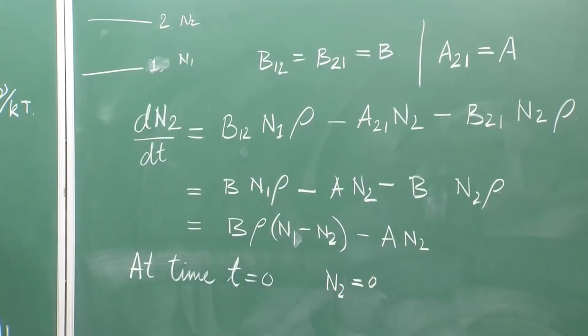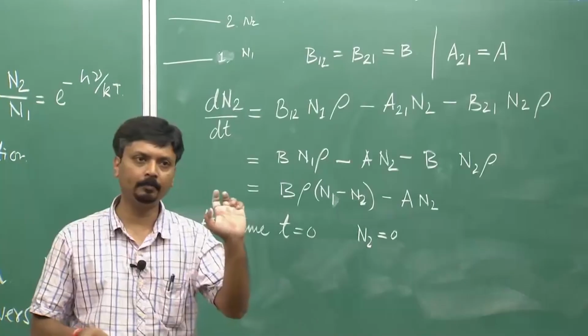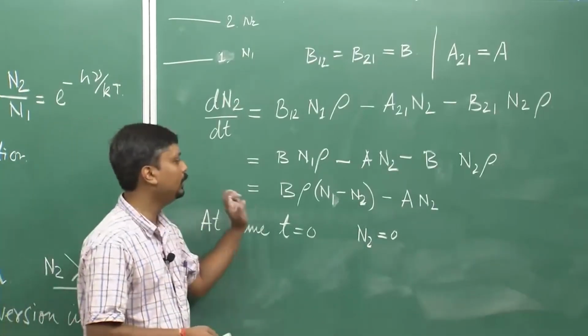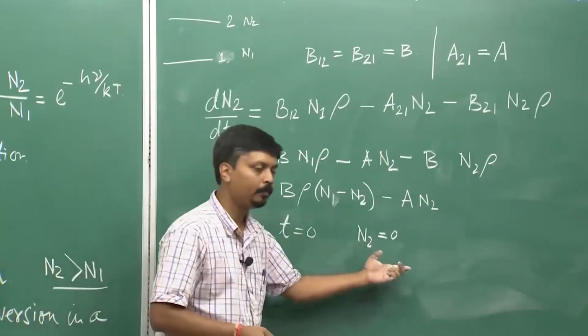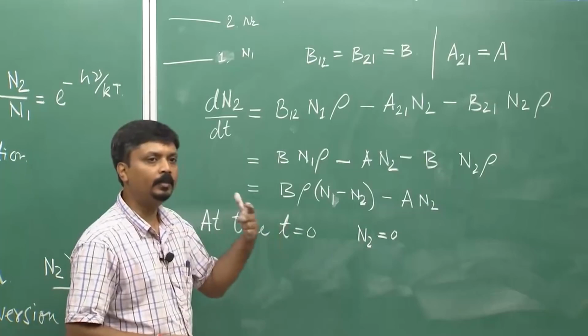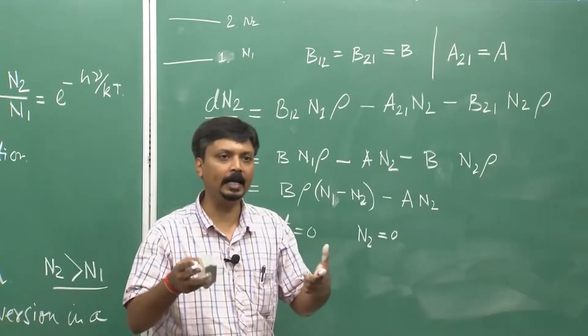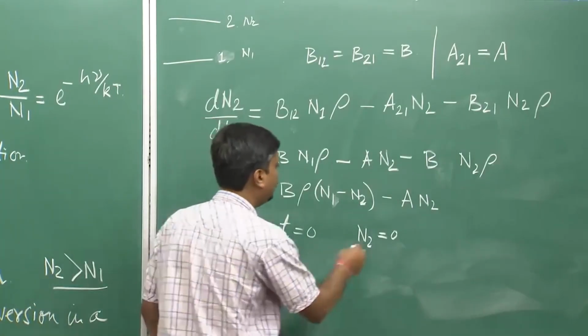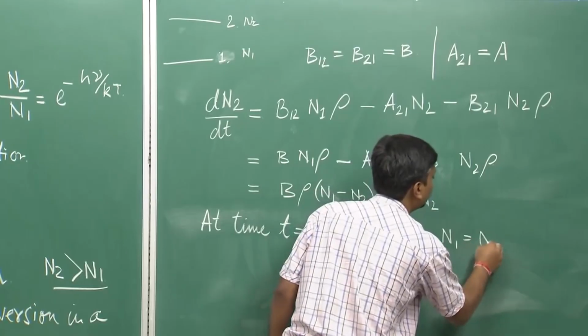We all agree, right? When there is no photon, we start giving the photon at time t. When there is no photon, there is no population of state 2. So, N2 is 0, and if there are n total molecules, then at that time my N1 is equal to n total.